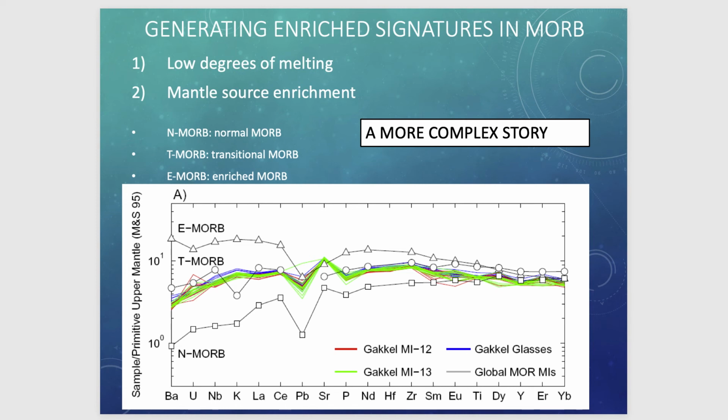So this is another diagram that shows a similar concept to what we saw before, comparing ocean island basalts versus the mid-oceanic ridge basalts.